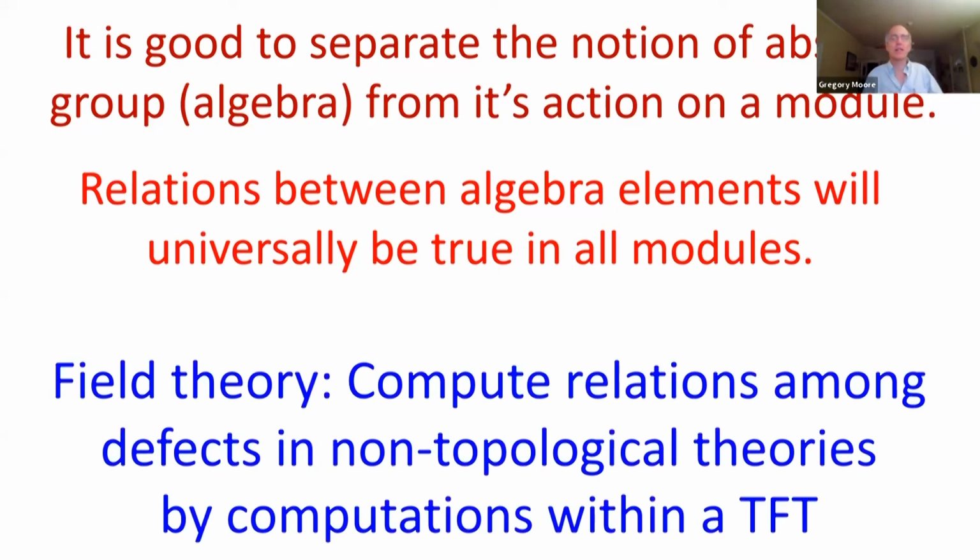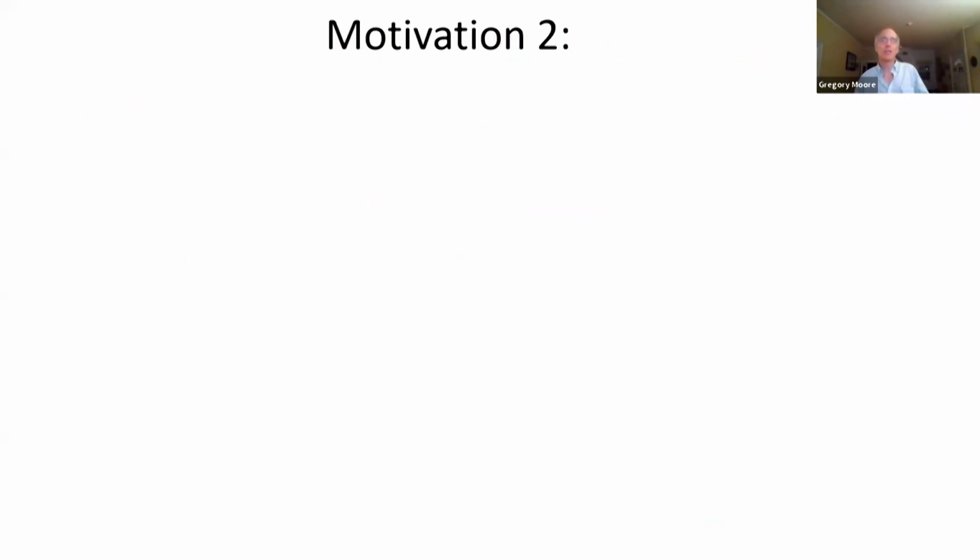So when you translate that idea to the field theory context, what you end up realizing is that you can compute relations among defects in non-topological theories by doing computations within a topological field theory. So that's one motivation.